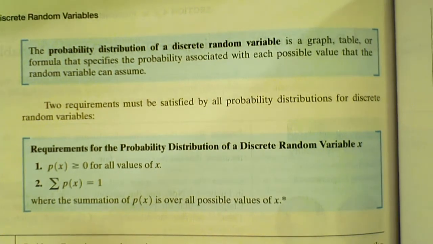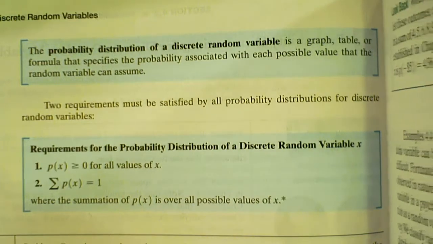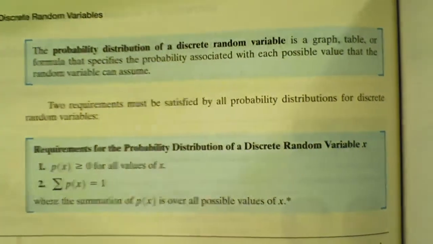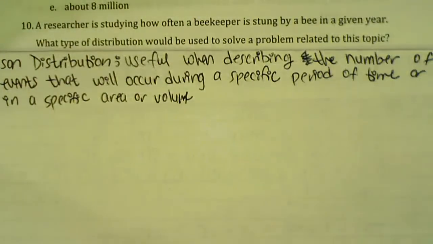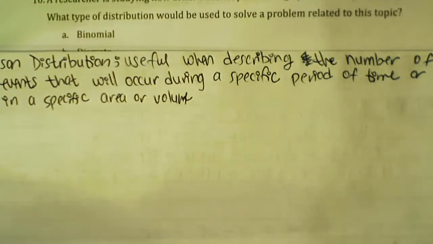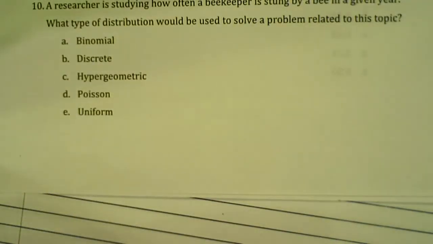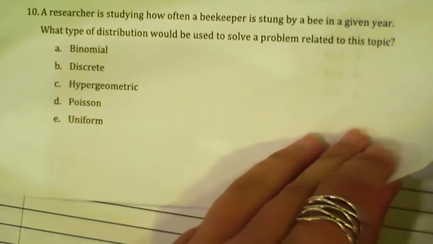So I guess this would just be between discrete and the other option, continuous. Would it be countable? So the distribution would be the Poisson distribution. When it's talking about random variables, that would be something different.